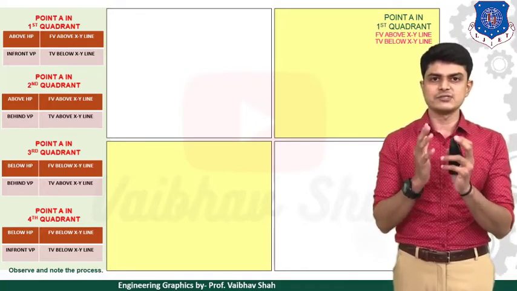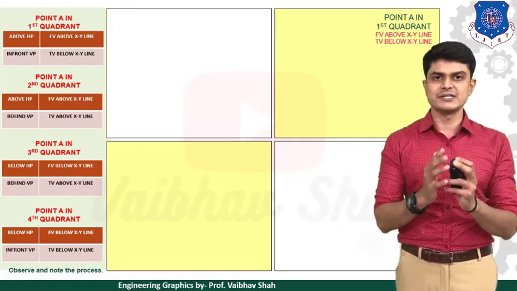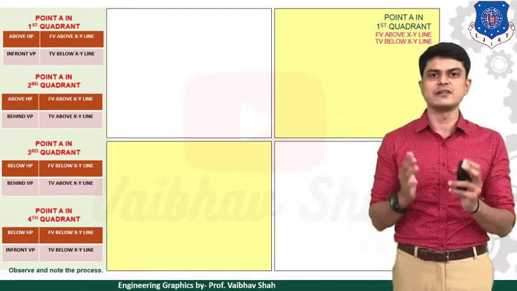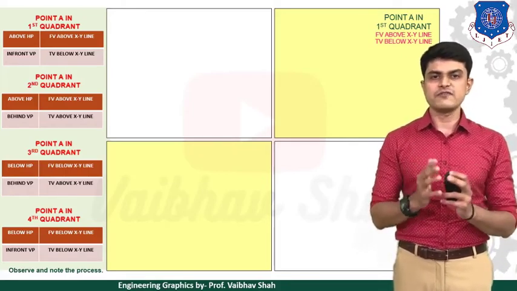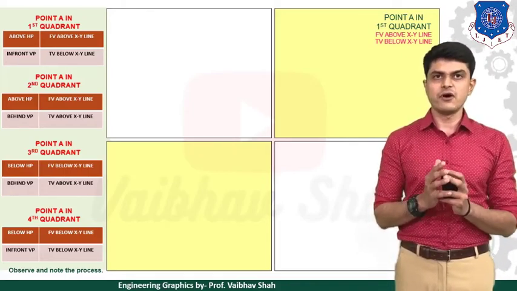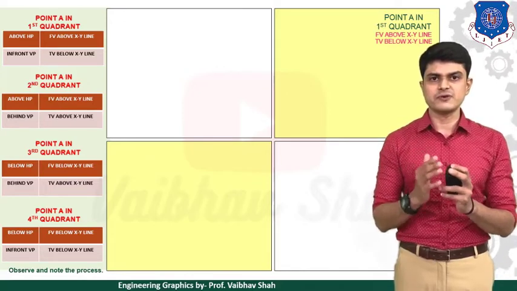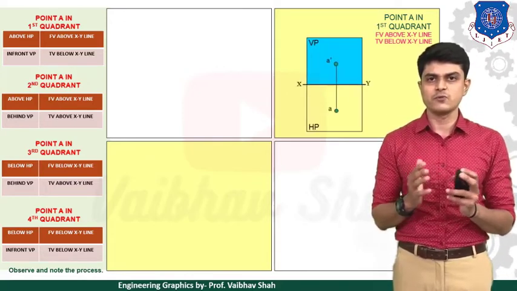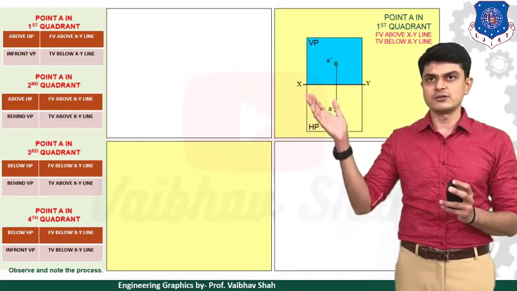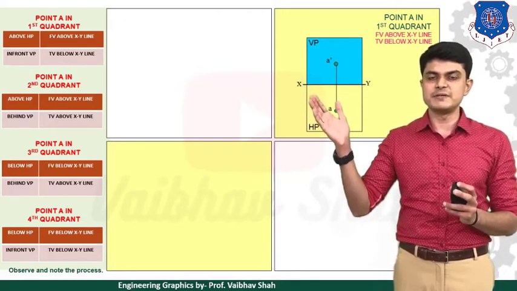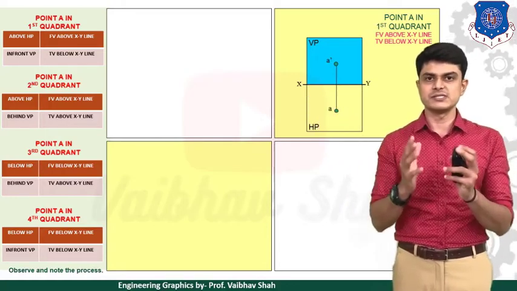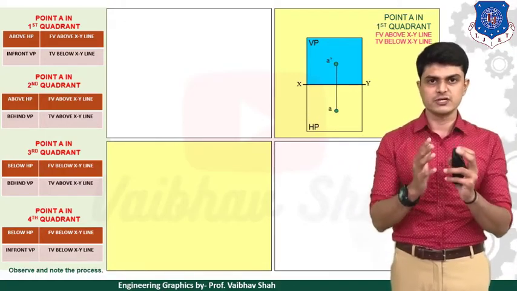That is the task asked in your examination, and you need to draw just this final figure in order to describe the orthographic projection of any point. So let us see. For point A in the first quadrant, we know that first quadrant means what? You see on the left hand side table it is written that the point must be above HP and in front of VP. So this is the location of a point in the first quadrant, right?